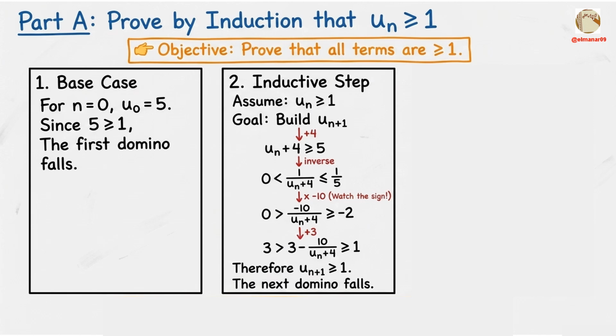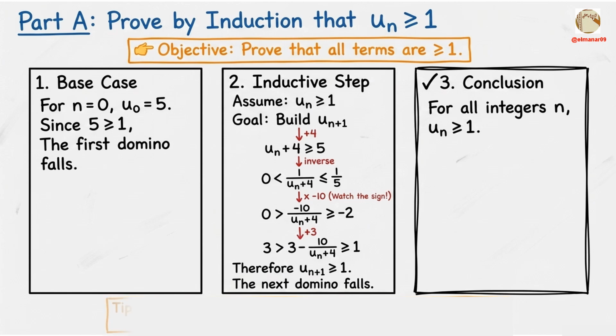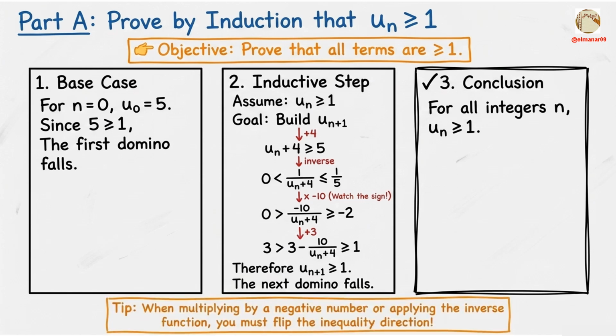Sign flips again. Finally, add 3. 3 minus 10 over Un plus 4 greater than 3 minus 2, which means Un plus 1 greater than 1. Step 3, conclusion. Because the first fell and each triggers the next, Un is greater than 1 for every single n. It's a chain reaction of truth.